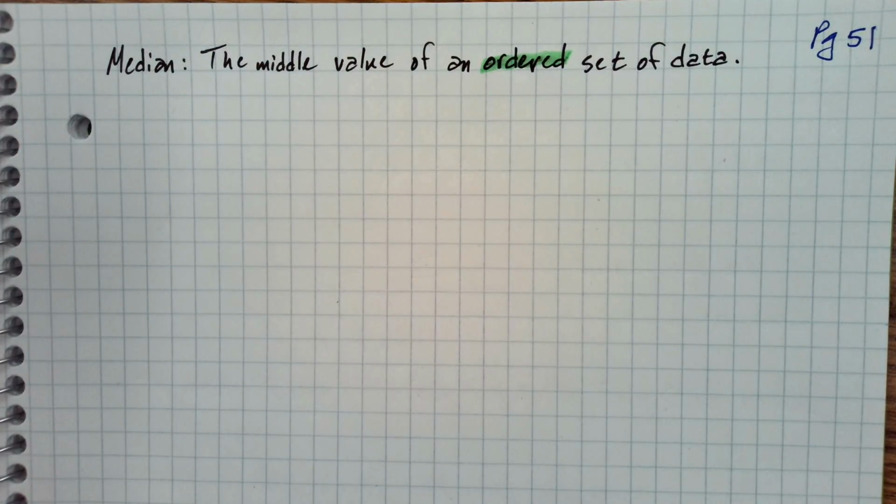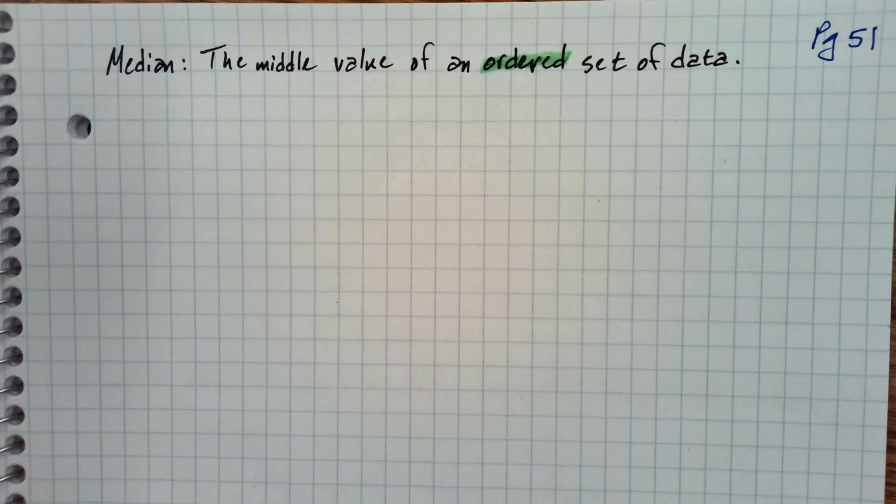You want to make sure the numbers are in order. Whatever that middle value is, that's the median. It's usually going to either be a number that's within the data, one of the actual numbers, or the difference between two of the numbers. We'll look at that in a bit.